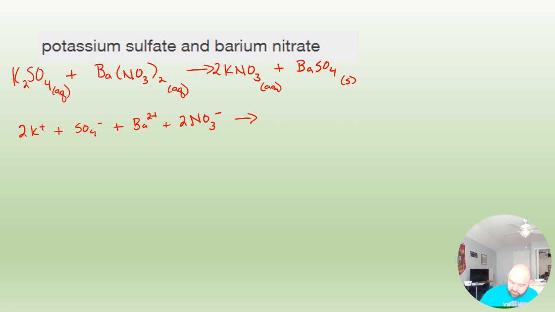Potassium nitrate, there are 2 potassium nitrate units there. So when those dissolve, I will get 2 K plus ions, as well as 2 NO3 minus ions. Now, the barium sulfate does not dissolve. It is a solid, so we leave it together, BaSO4.